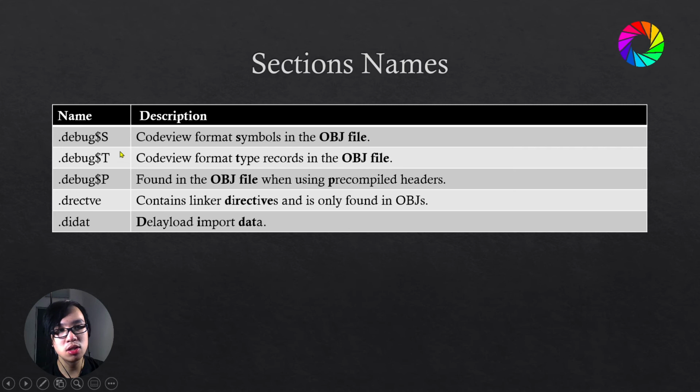One of the section is .debug$S, which is a CodeView format symbol in the object file. .debug$T is CodeView type record in the object file, and .debug$P is found in the object file when using the pre-compiled headers.